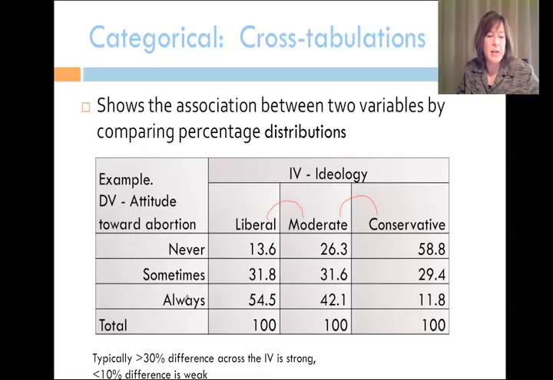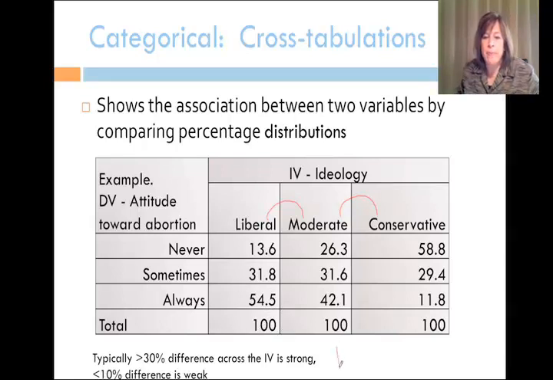In this case, putting the variables in this format allows you to answer the research question: do people differ on their attitudes toward abortion depending on their ideology group? That's the research question that's being answered by looking at it this way.